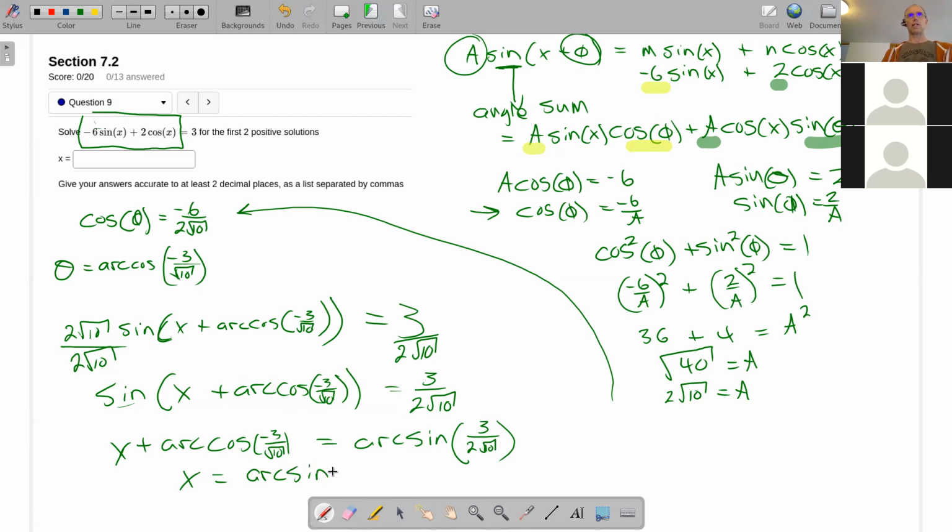So let's test that and then find another one. Minus arc cosine. Okay, let's make sure I didn't miscopy anything. 2 square root of 10.